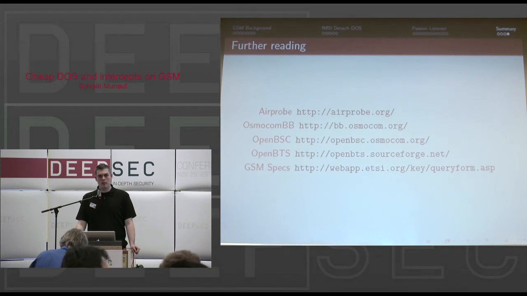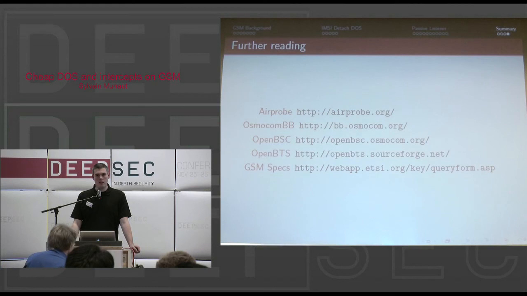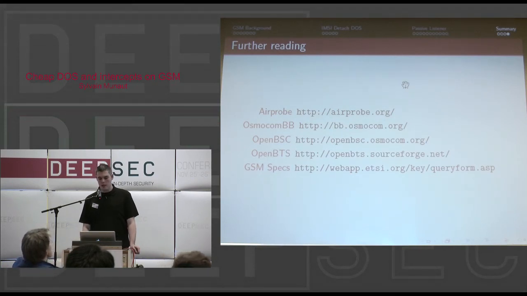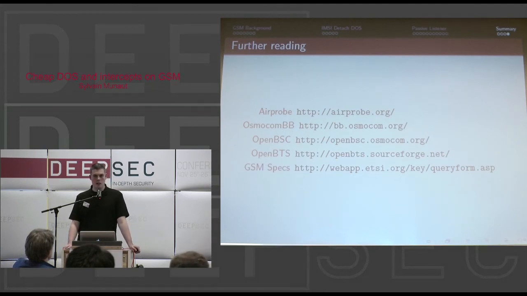I have a question to clarify the IMSI detach. Can you actually send the IMSI detach for a TMSI from anywhere in the network, or do you really have to be in the location area? From what I've tested, it's on the location area, but I only tested on like 4 networks. I don't know, maybe there are some bad implementations.